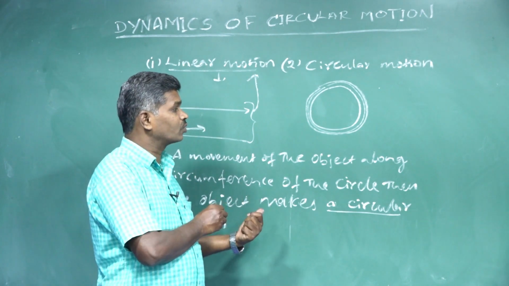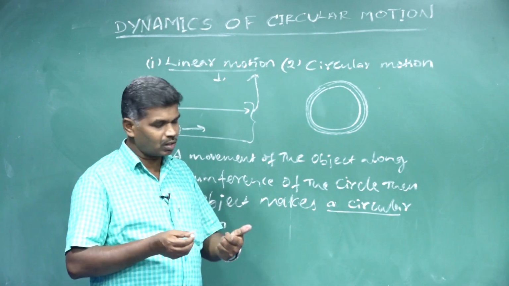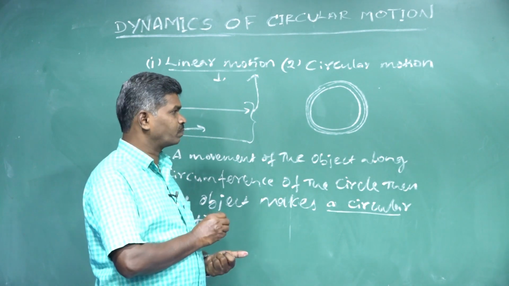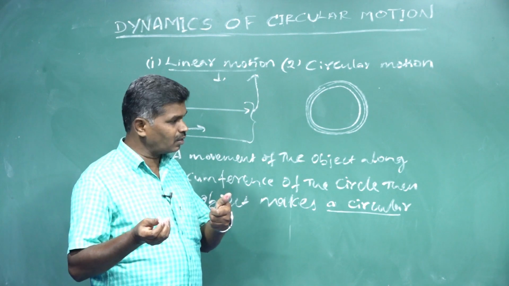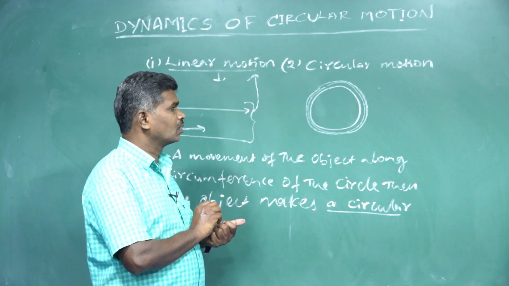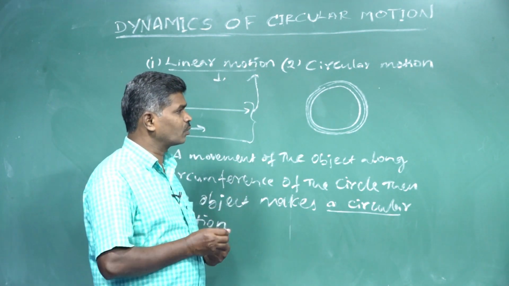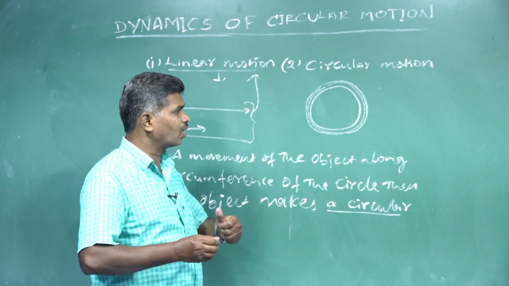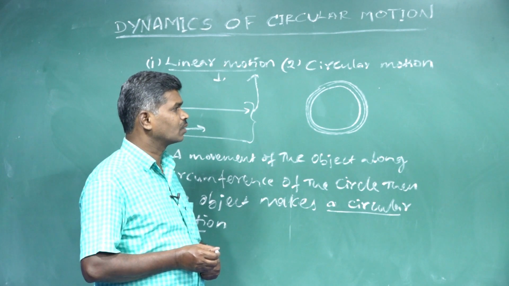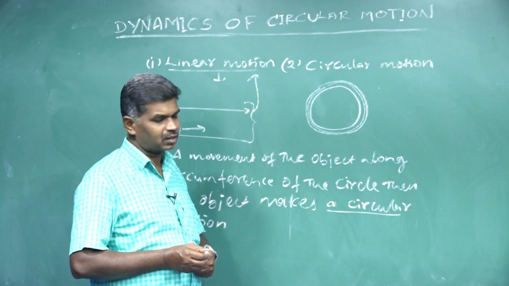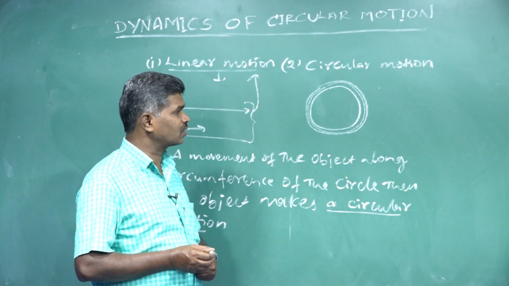But in linear motion, all three Newton's laws are applicable. For analyzing linear motion, we can apply all three Newton's laws. In circular motion, we cannot use Newton's first law. Without force, any object cannot make circular motion.